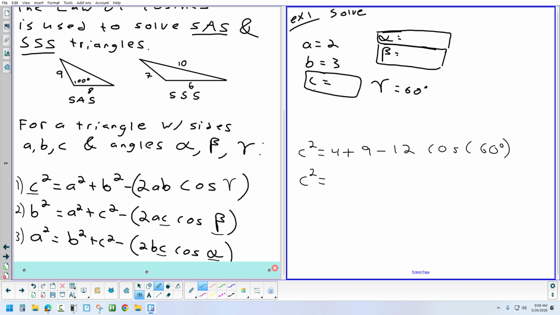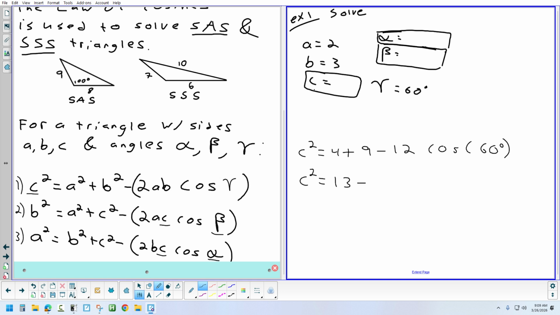The 12 is being multiplied by the cosine of 60. So that's not really going to be a 12. It's going to be whatever 12 times cosine 60 is. We can do the 4 plus 9. Yep. So we can add those together.